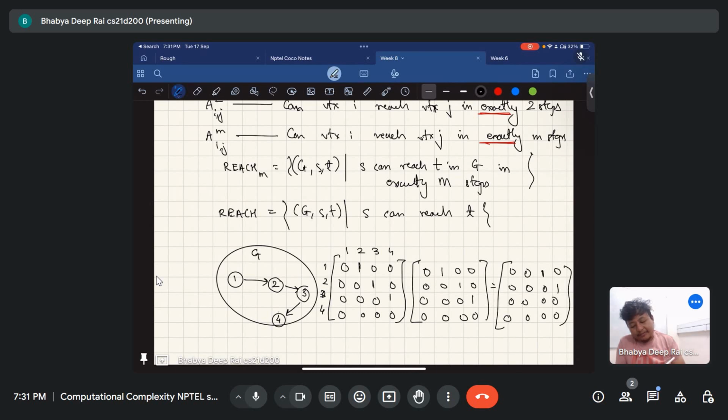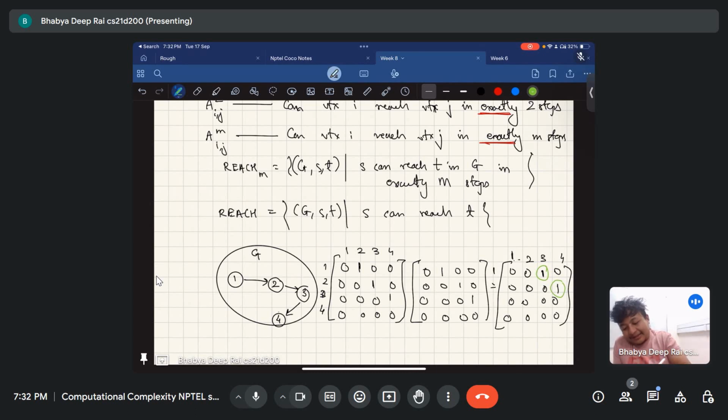This is what you get. Now what do you get here? 1, 2, 3, 4. So 1 can reach 3 in 2 steps. 2 can reach 4 in 2 steps.